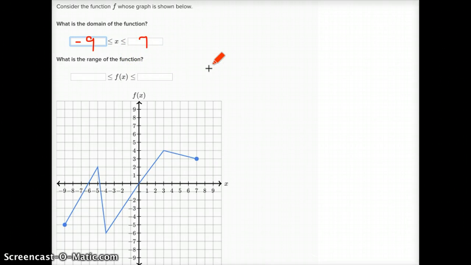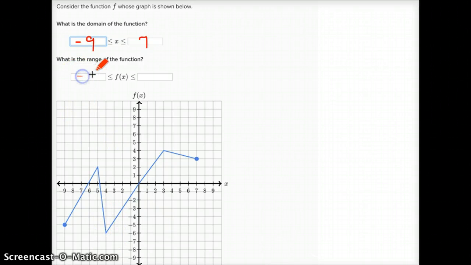Now let's look at the range, which is again the bottommost point to the highest point on the graph. And that doesn't necessarily, although most of the time it usually will be this dot, here we see that there's a point lower than that, and that's -6. So this is the point lowest on the graph. So this is our smallest y value.